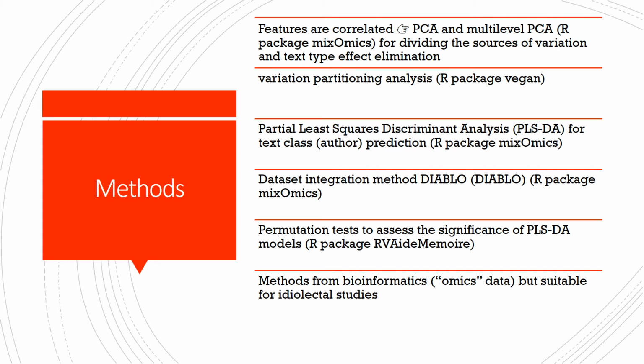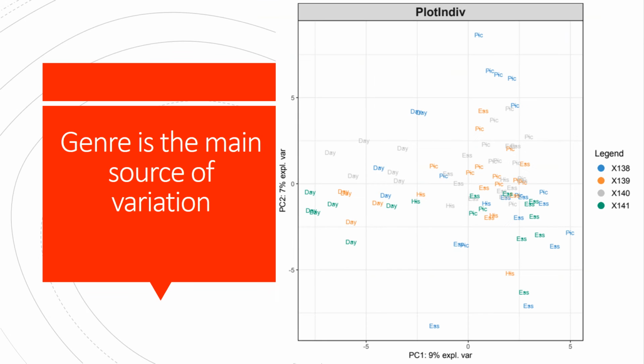Using the above methodology, it was shown that the genre was the major source of variation for most types of the features, despite the general claim about their independence of the context, with the description being opposite to other genres.